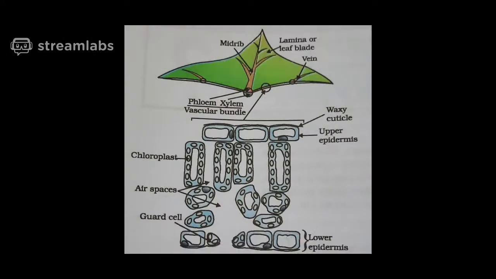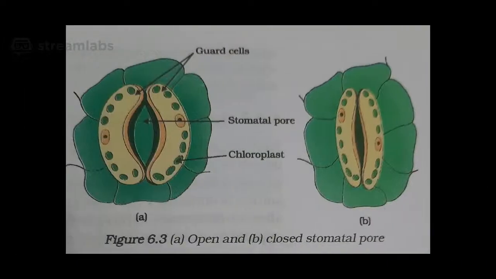Okay, this is how the leaf is a very important part in preparing the food. That is photosynthesis. So these are the stomatal pore structures. Stomata play a major role in exchange of gases. During photosynthesis, carbon dioxide is absorbed.